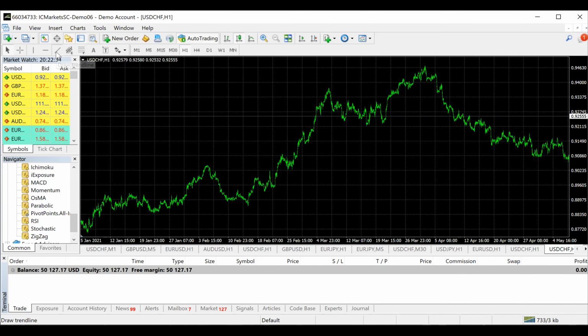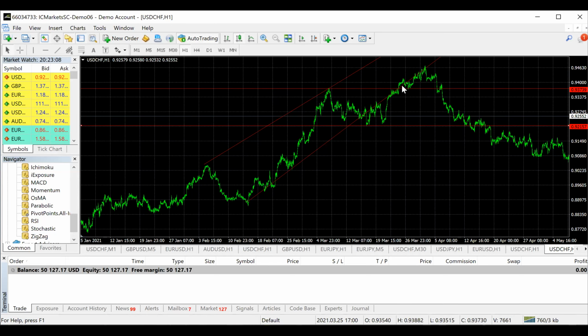For example, let's look at this one here. So there's an uptrend here. Then later it starts consolidating here.